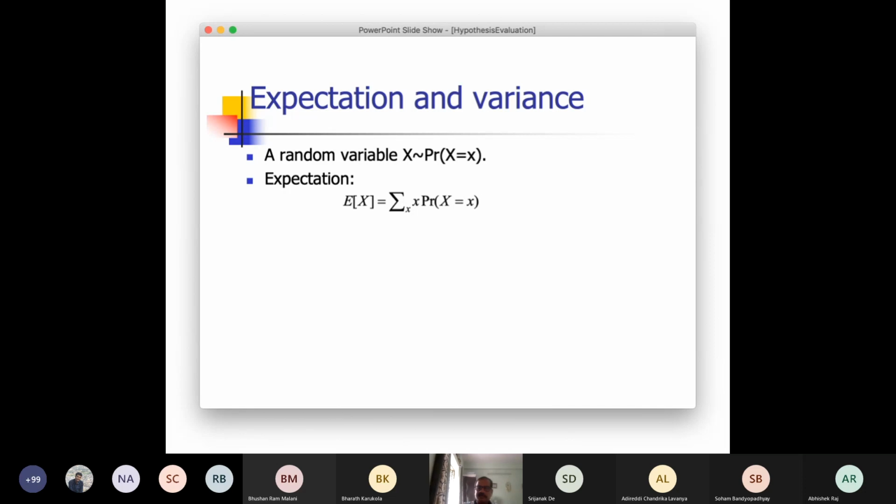You have already gone through the courses on statistics and probability, the fundamental concepts in these areas, and you know what expectation and variance are. Just for the sake of completeness, I am mentioning it.